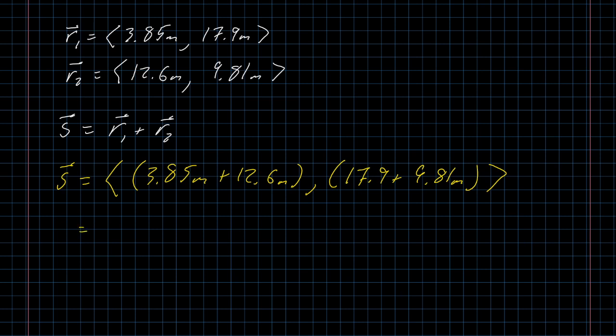I can punch that into my calculator. I do have to be a little bit careful here. I'm rounding to the nearest tenth of a meter, even though some of these are given to the nearest hundredth of a meter.